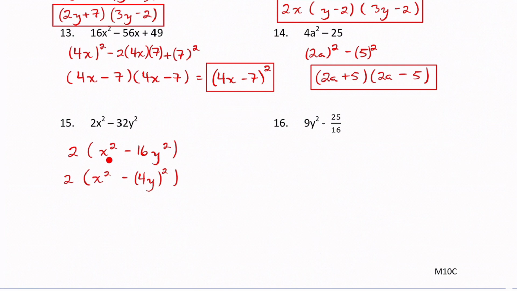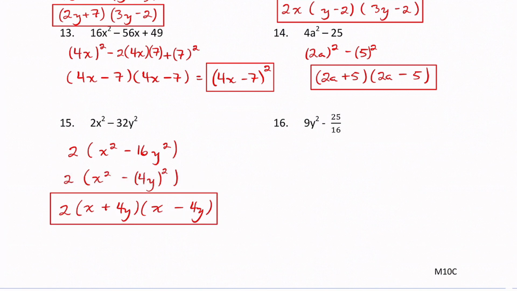Okay, so x squared, 4y squared just gives me 16y squared. So it is a difference of squares. And then we can just write out our 2 sets of brackets. Put the first term first in both, the second term second, and then a plus and a minus in both. Okay, and then that one's done.